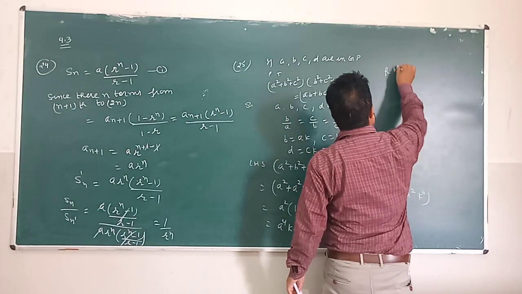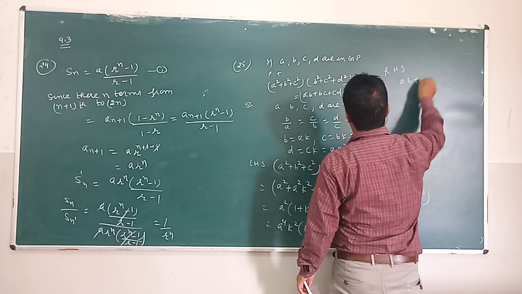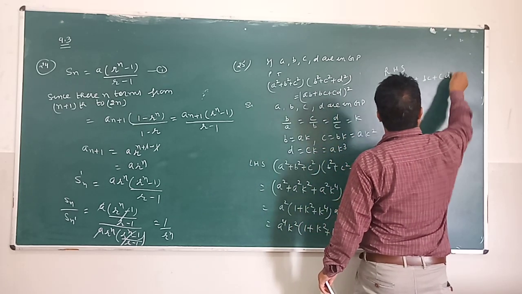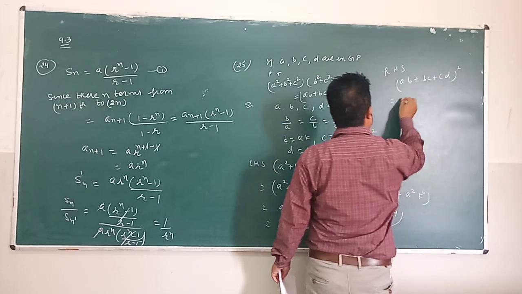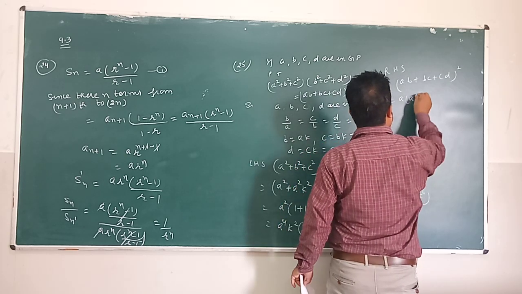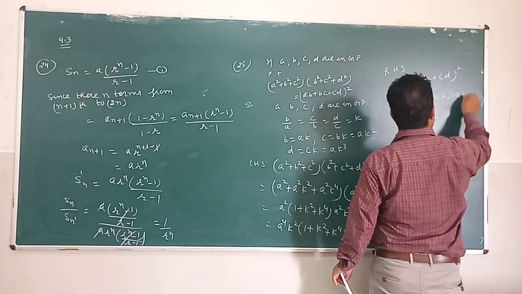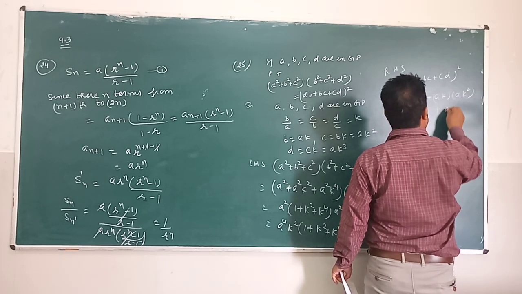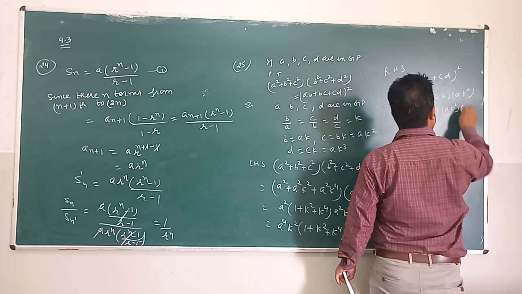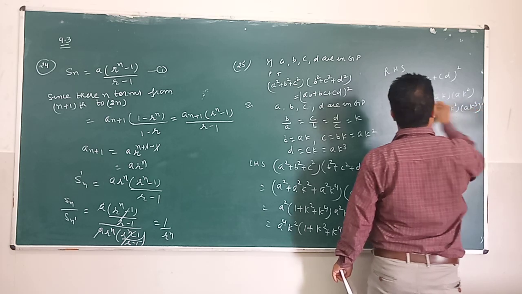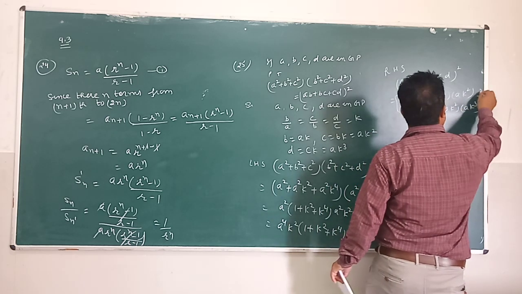And in the right hand side, the terms are (ab + bc + cd) whole square. Put the value of b. b is ak, c is ak², so this is whole square.